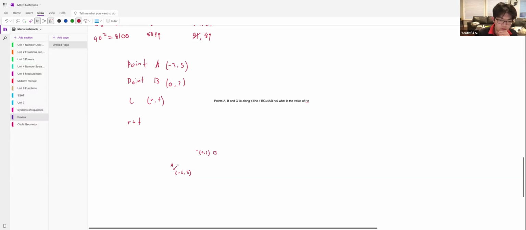So this forms a line. That's a very terrible line. And then this also forms a line to C here, which is at R, T. So then we know that all of this forms a straight line. There we go. That's a bit better.